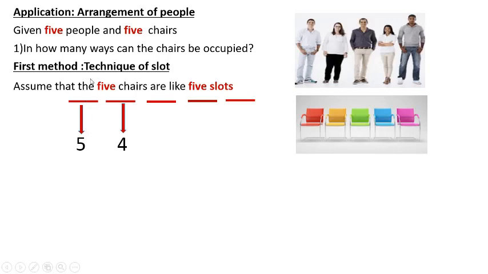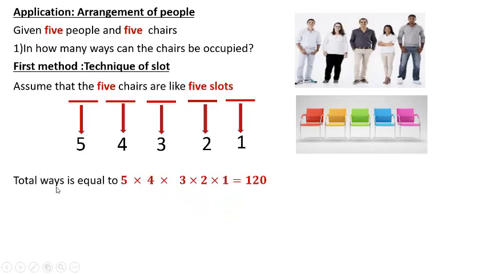Now, once the first chair and the second chair have been occupied, there is a remaining of 3 people, and this is why the third slot can be filled by 3 ways. Similarly, the fourth one by 2 ways, that are the remaining people, and we have just 1 way for the fifth slot. Now, applying the fundamental counting principle, multiply all these options to get the total possible ways equal 120.